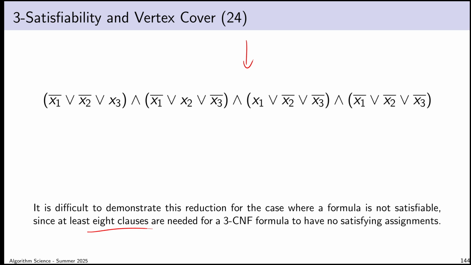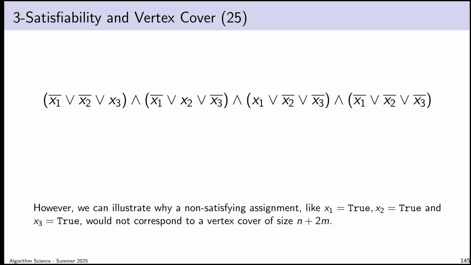What I can do by way of apology is at least show off what would happen if I try and construct a vertex cover of a satisfiable formula for a particular non-satisfying assignment. So I could at least show off sort of what would happen if you had a formula that was not satisfiable. So here's a formula that we already know is satisfiable. We saw a satisfying assignment of it earlier.